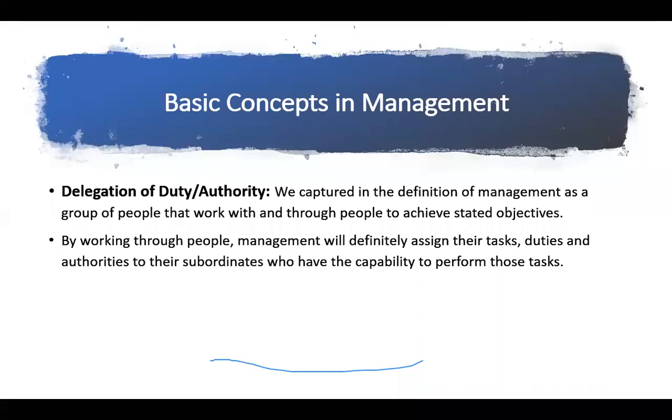So if you are meant to make a presentation somewhere, but because you're not going to be available, you are delegating that particular duty, you must make sure that the subordinate you are delegating this duty to, you allow the person commensurate authority.